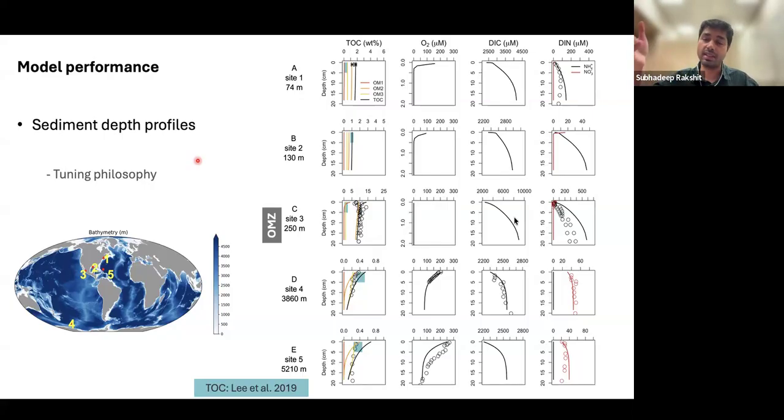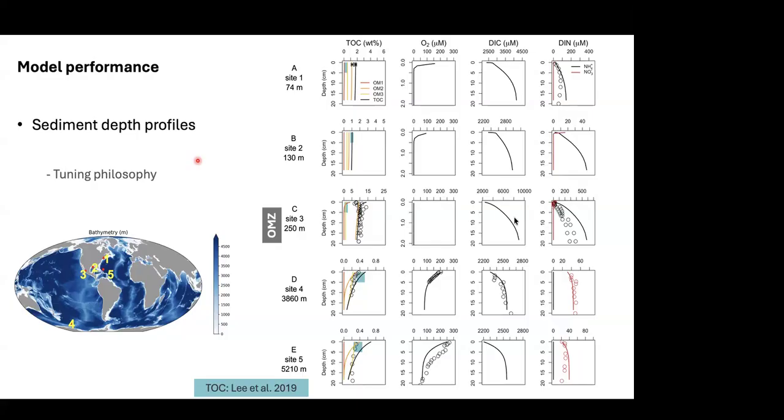The organic matter flux, for example, is a boundary condition to the sediment model. For some places you have more sandy, some places more muddy. Do you have that information in your model?